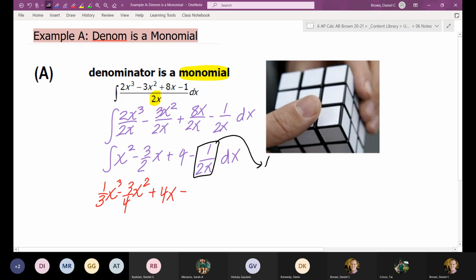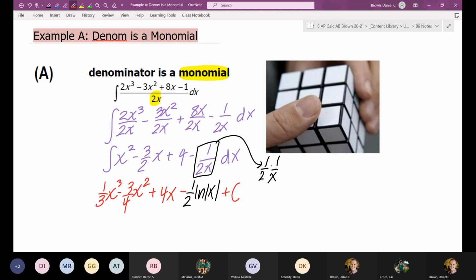Again, in my head, I think of this as 1/2 times 1 over x. X is raised to the first power, so I know it's going to be a natural log rule. That's going to become 1/2 the natural log. Don't forget the absolute value, and of course, also don't forget your plus c. So again, easy problems. See a monomial, divide everything by that monomial, and then just go from there.